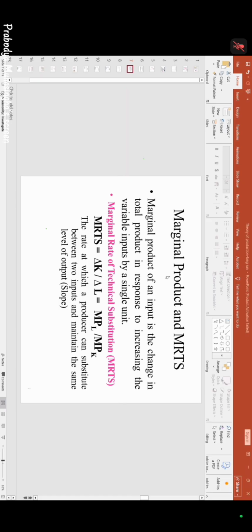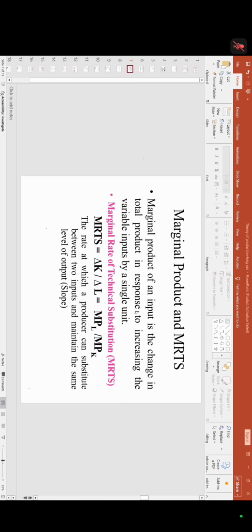The marginal product of an input is the change in total product in response to an increase of the variable input by a single unit. If you increase your input by a single unit, what happens to your total production?